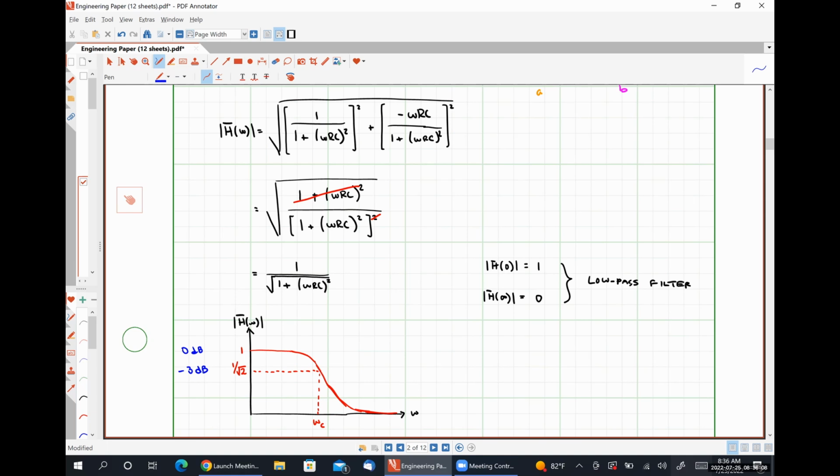All right, so now let's figure out when this occurs. What value of omega will make our expression look like 1 over the square root of 2? So effectively, what I'm saying here is we have 1 over the square root of 1 plus omega RC squared.